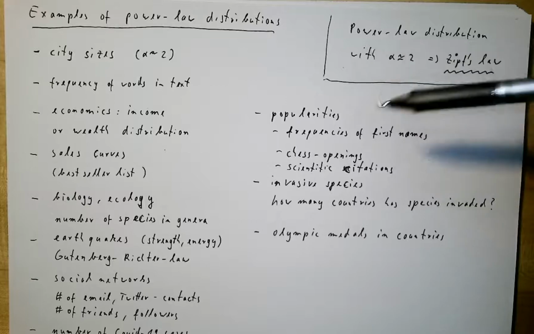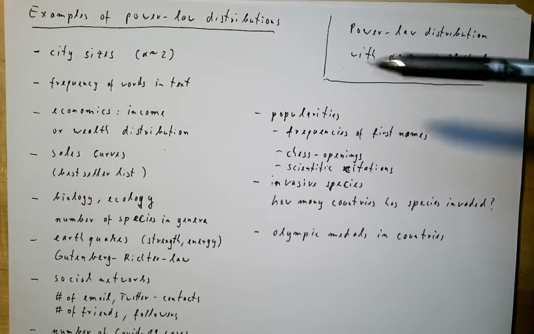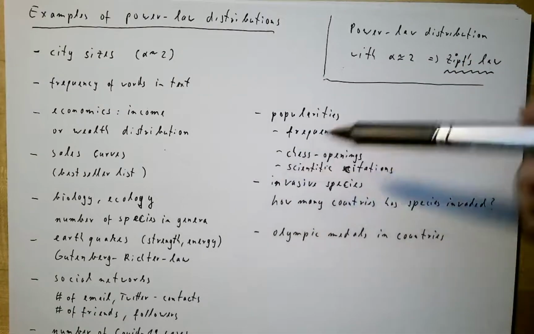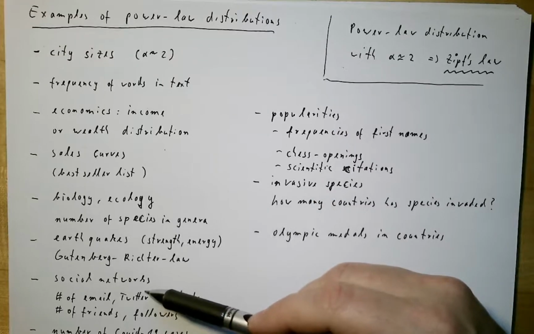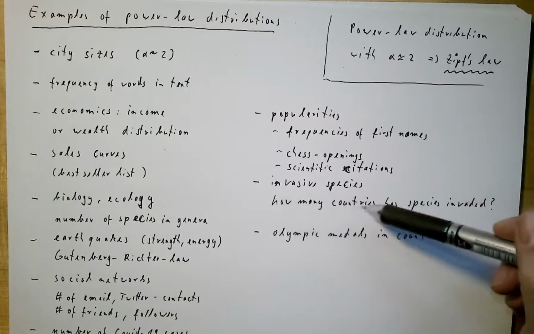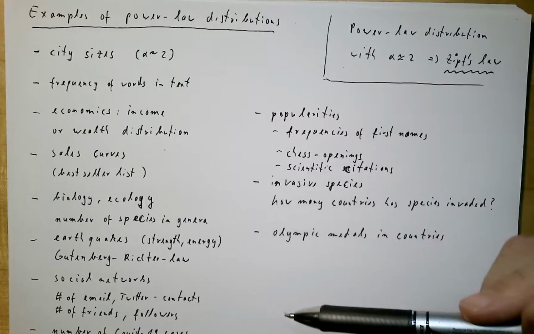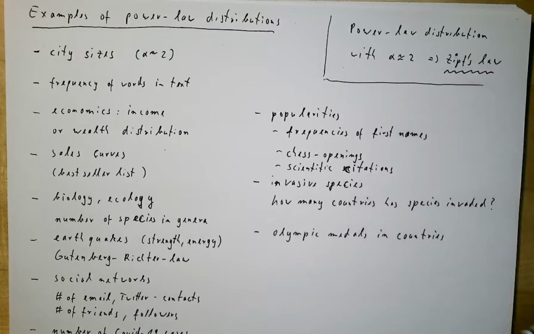And that's maybe one of the motivations to make this lecture, because these are all processes which are so important. A lot of processes which go together with modern social networks, with globalization, with invasive species, with stock markets, with our modern economy, they all relate to these power law distributions.